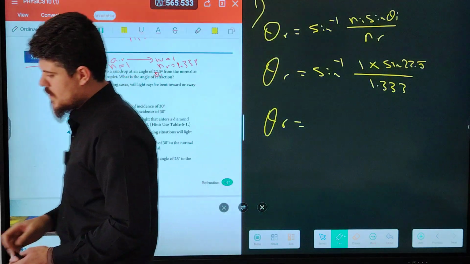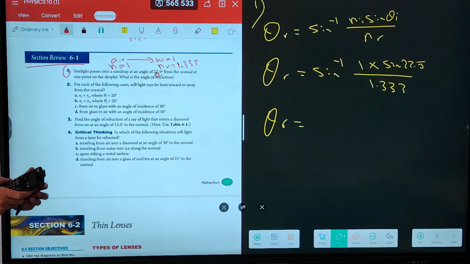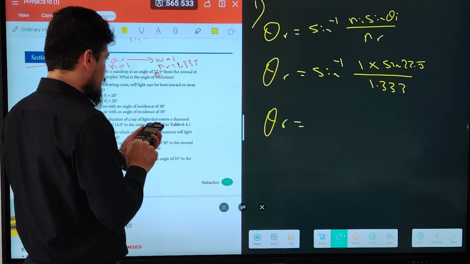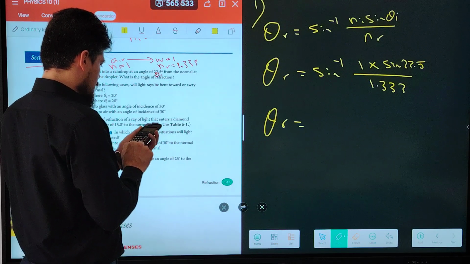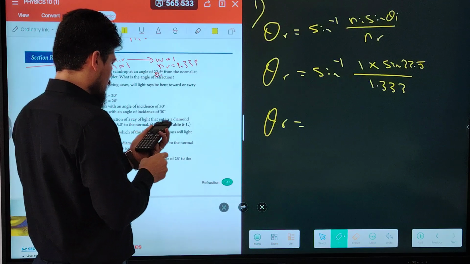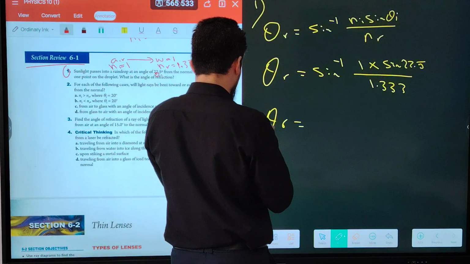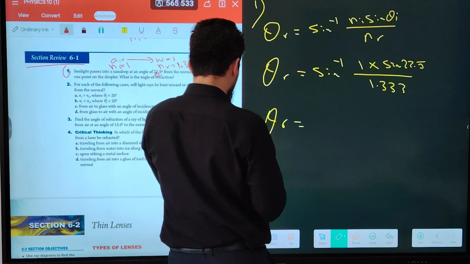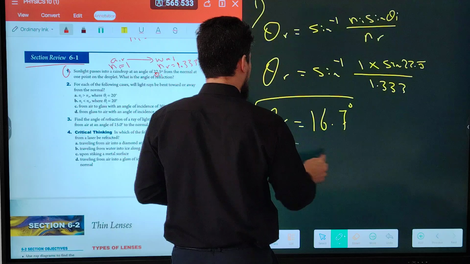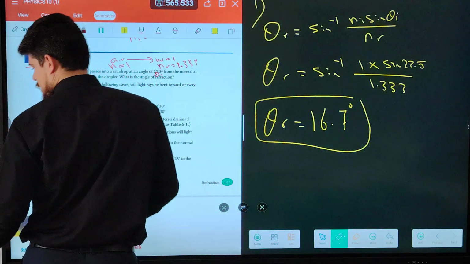Theta r is equal to what? This is question 1 in section review. Sine 22.5 divided by 1.33. I got 0.28, sine inverse. For the answer, 16.7. This is the angle of refraction for question 1.